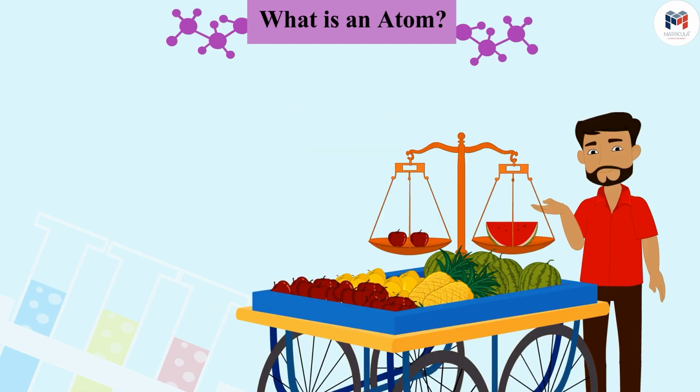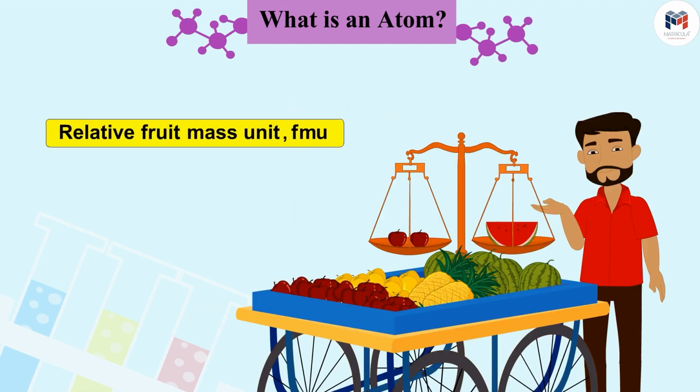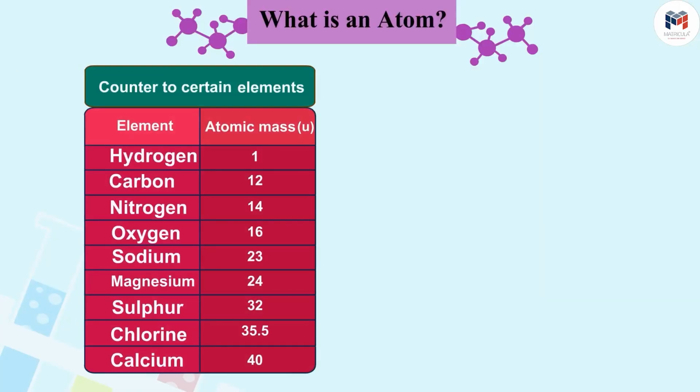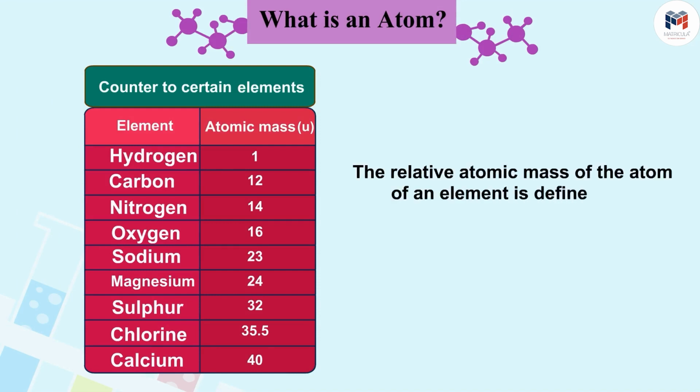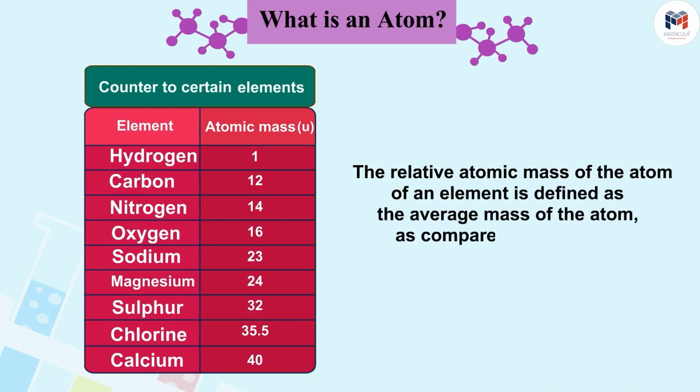Now he sells pieces by relative fruit mass unit, FMU. Just like in this example, the relative atomic mass of atoms of an element is defined as the average mass of atoms as compared to 1/12th part of the mass of one carbon-12 atom.